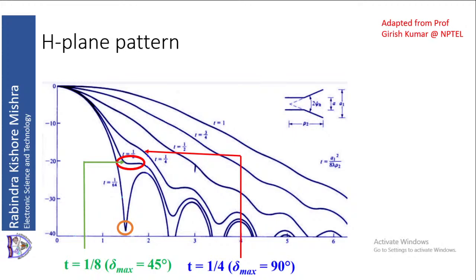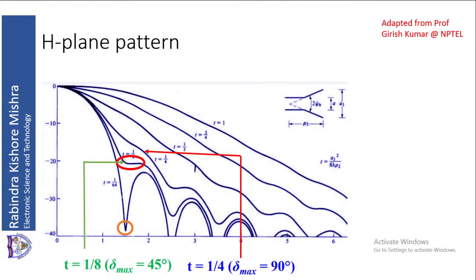As you can see, in the upper curves, nulls are not properly visible. The energy goes in the undesired direction, and the energy in the desired direction gradually reduces, because more than 10%, 20% energy is in the undesired direction. Therefore, we have to keep the phase difference or the phase error minimum.